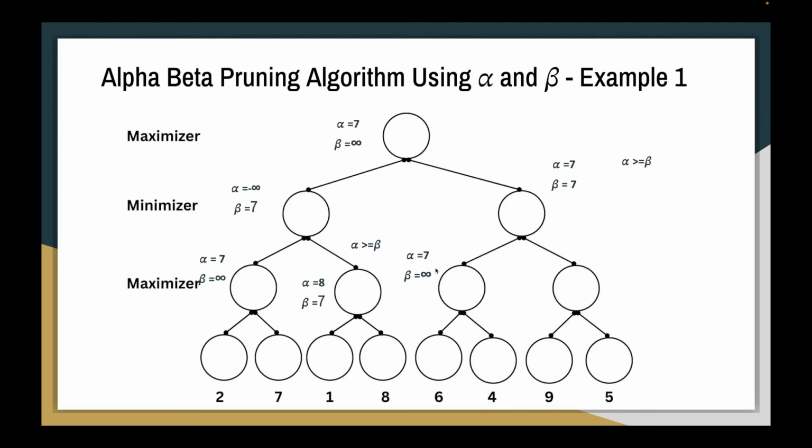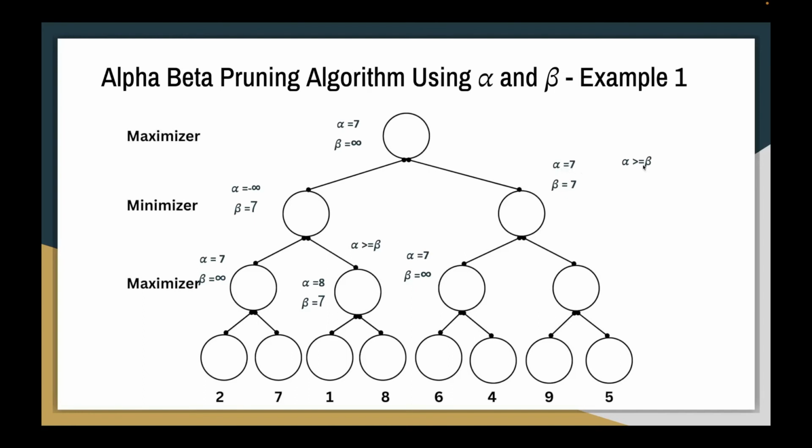Now when it passes from here to this node, this is the minimizer, so the beta value will be chosen. Between 7 and infinity, 7 is the minimum, so beta will be changed to 7. Here the pruning condition occurs.